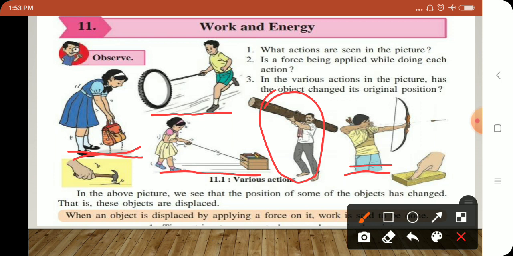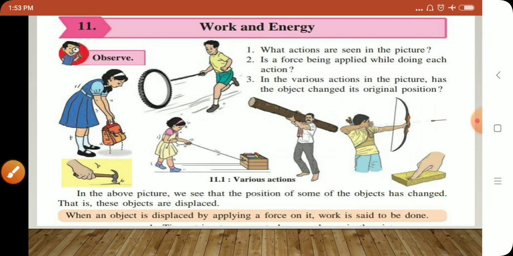And a nail is being hit by a hammer. See here, and here a sponge is being pushed by a finger, right? These actions are seen in the picture.